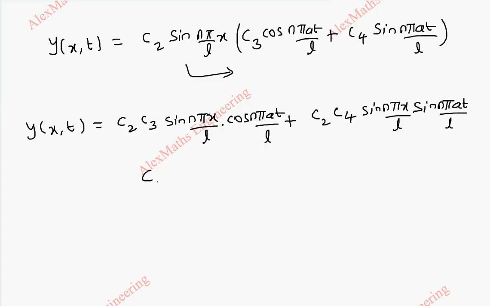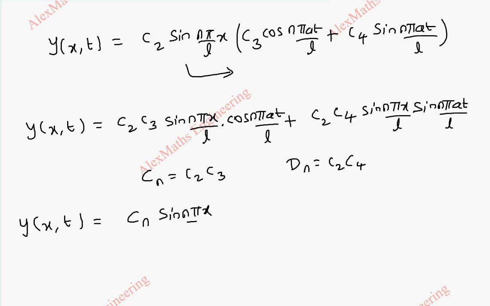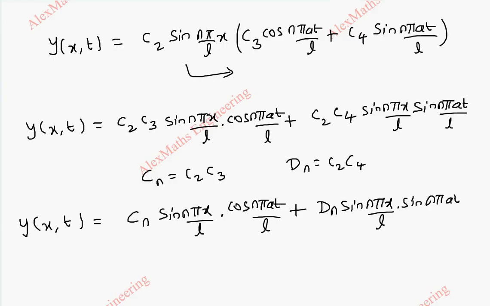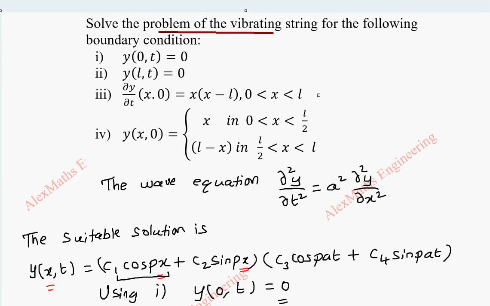Now let's take Cn as c2 c3 and Dn as another constant c2 c4. So our solution y(x,t) becomes Cn sin(n pi x by L) cos(n pi at by L) plus Dn sin(n pi x by L) sin(n pi at by L).